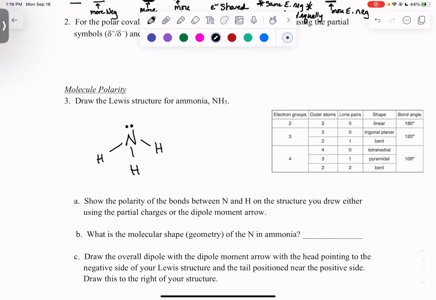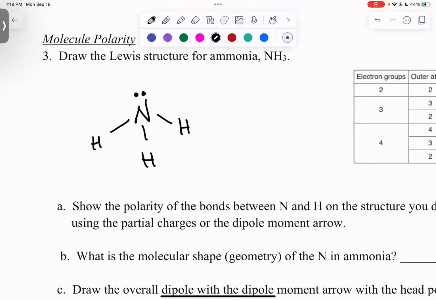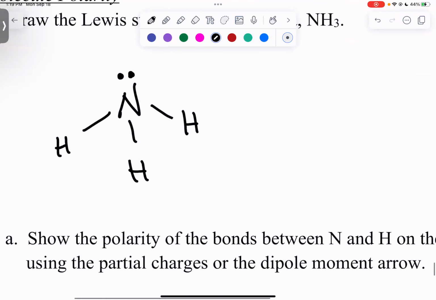Okay, write the Lewis structure of ammonia. I'm assuming you know how to do that. Show the polarity of the bonds between the nitrogen and the hydrogen on the structure you drew, either using partial charges or the dipole moment arrow. So what you have to do is first evaluate each individual bond. So I'm going to look at every single bond between hydrogen and nitrogen.